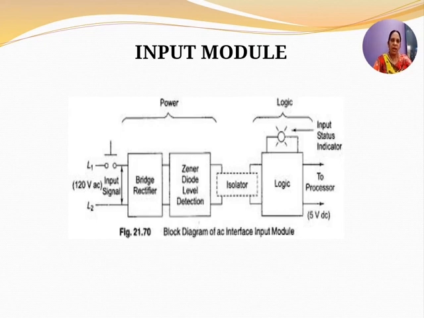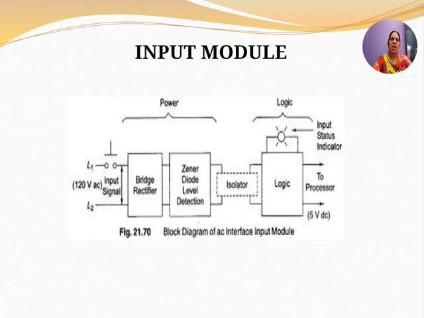So this is your basic block diagram of your input module. You have a power section and the logical section. The power section is the input module. You have an AC voltage source of 120 volts AC signal. AC is converted into DC using a bridge rectifier circuit, and we also have a Zener diode level detection circuit.